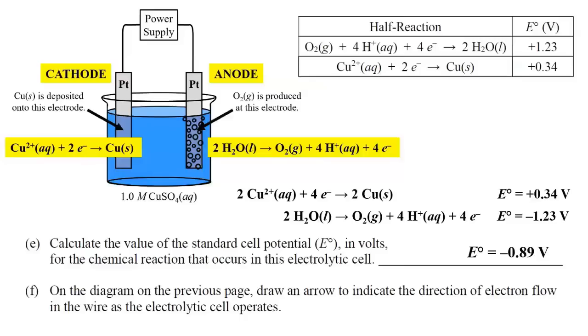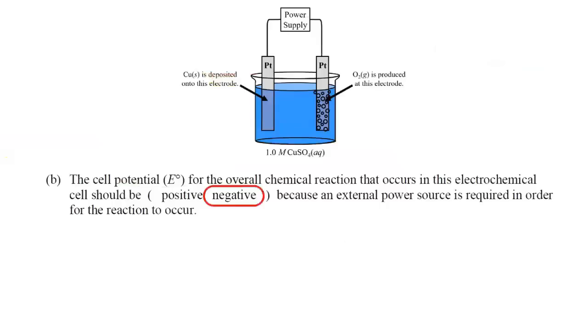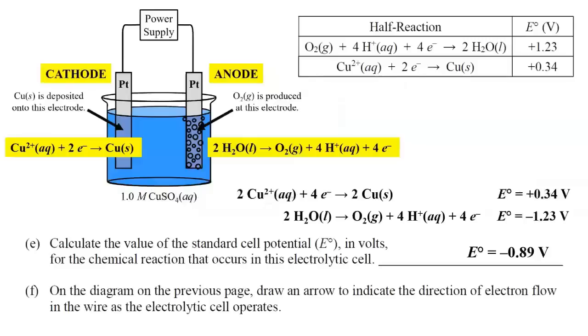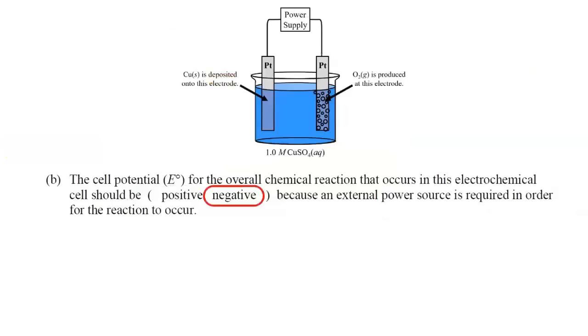What's also nice about the answer to part E is it is a confirmation of the answer to part B. Earlier in this question, we had decided that because an external power source is required in order for the reaction in this electrolytic cell to occur, the sign of the cell potential should be negative. And in fact, we got negative 0.89. So that's a confirmation of the answer to part B.